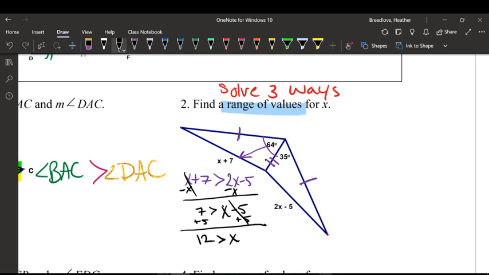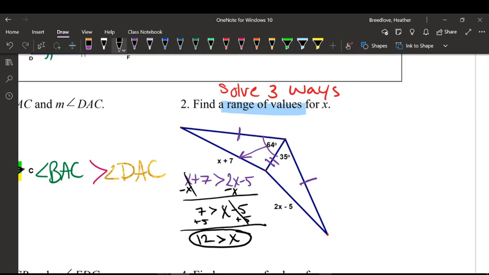It's a possibility. But we also have to make sure that the sides are greater than 0, right? Because we can't have a side length 0 or less than 0, because then it would not exist. So the other thing we have to do is make sure the sides even exist.